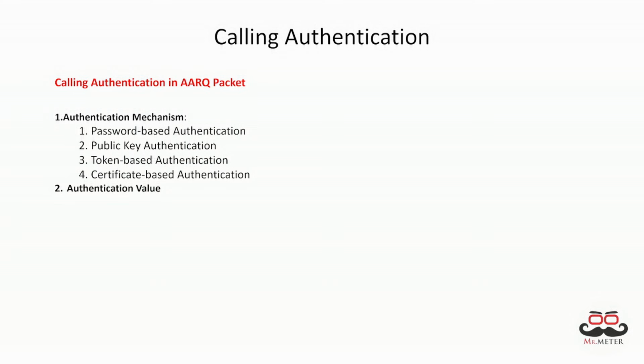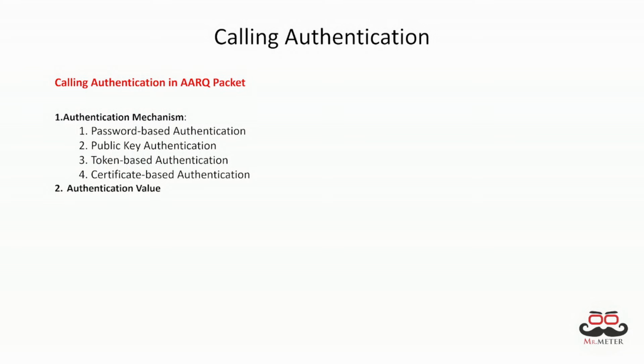The authentication value. This field contains the actual credentials or data used for authentication, which can vary based on the mechanism chosen. It can be a password or a digital signature or a token. The password: if using password-based authentication, this field will contain the password, often encrypted or hashed.